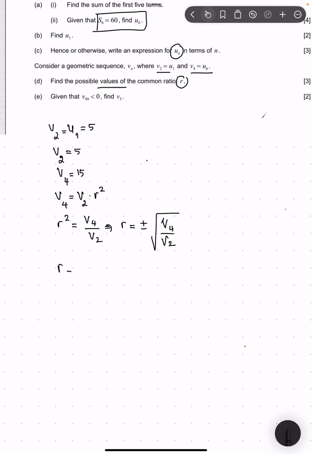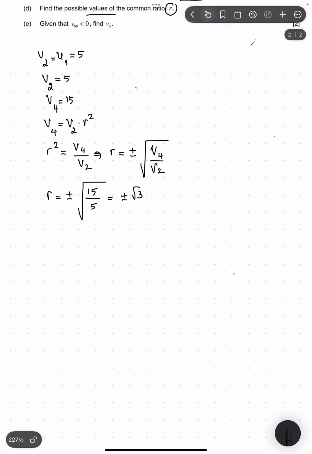So r equals plus or minus the square root of, V4 is 15, and V2 is 5, so plus or minus root 3. Okay? And that's all.